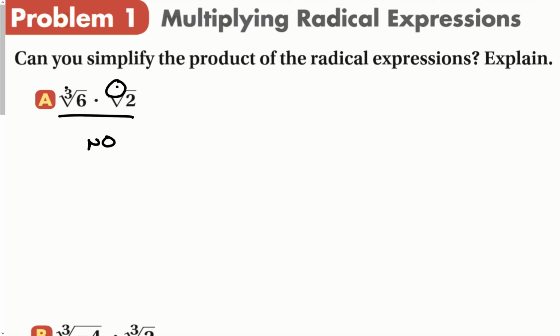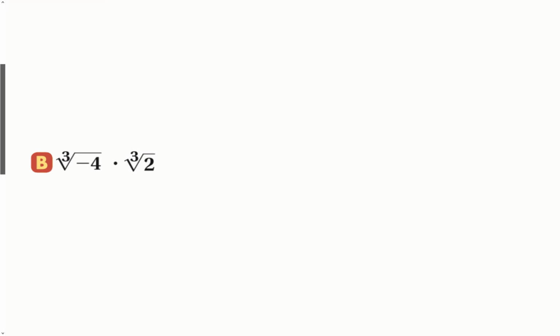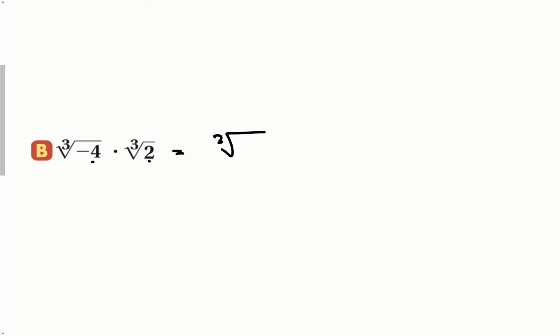So this is the third root, and this is the square root. This one, however, you can. And it turns into the third root of negative 4 times 2, which is negative 8. And now we ask ourselves, can we simplify this more? Are there three numbers that multiply together to give you negative 8? And it's negative 2 times negative 2 times negative 2.